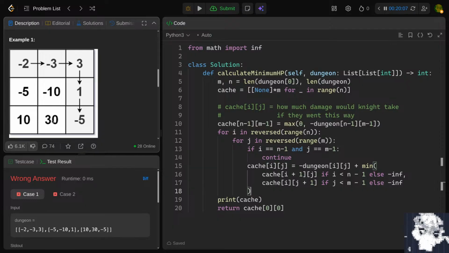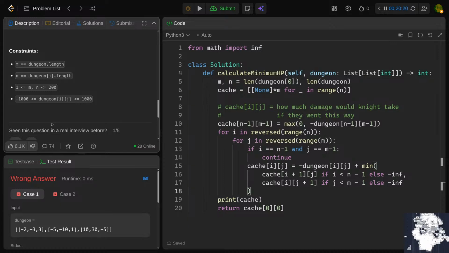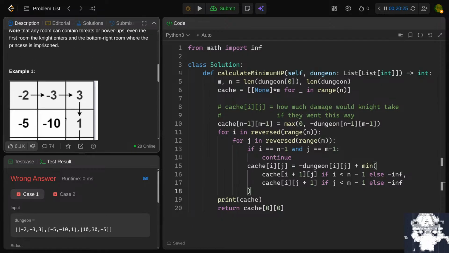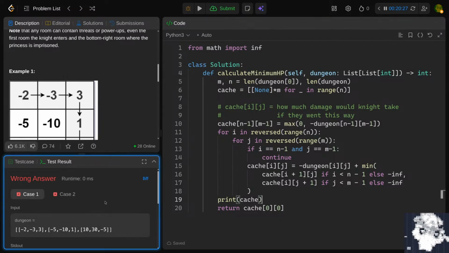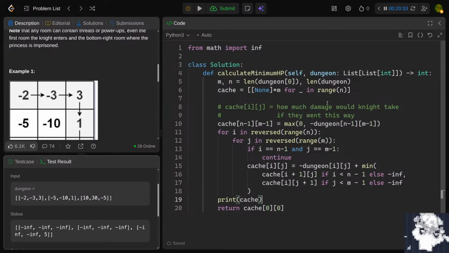And then at the end, when you say how much HP would you need, you don't say negative 25, right? Do you? I don't know. Don't start these as negative infinity if you're doing a minimum.